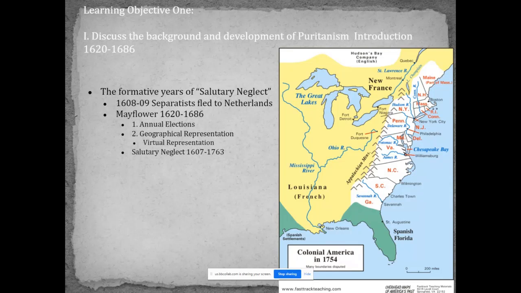Let me ask this. What's the most famous event you can think of leading towards the American Revolution? The most famous protest of the revolt period leading to the American Revolution? Had to do with tea.